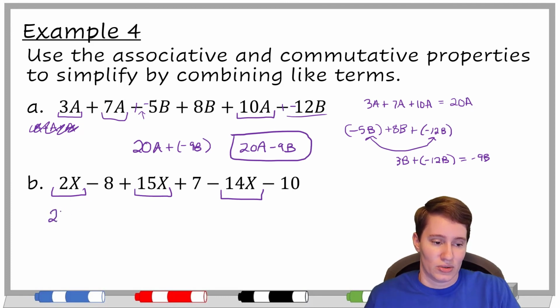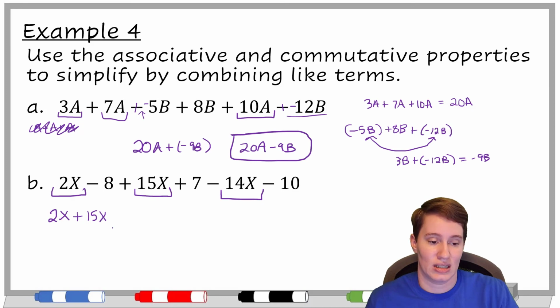We're going to do 2x and then plus 15x, and then we've got minus 14x, so plus negative 14x. Combine those x's together. Let's see, this would be 17x, and you could either think of it as subtraction or plus a negative, because the difference between these, right, is 3x. That's how many x's we should have.